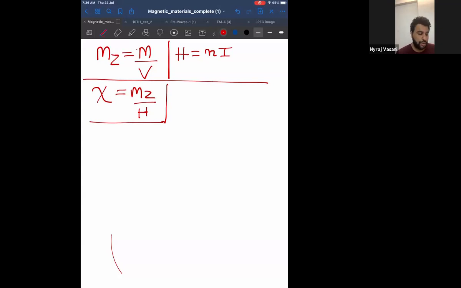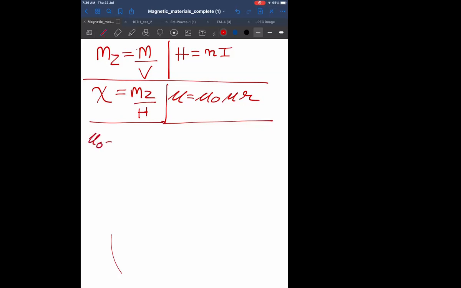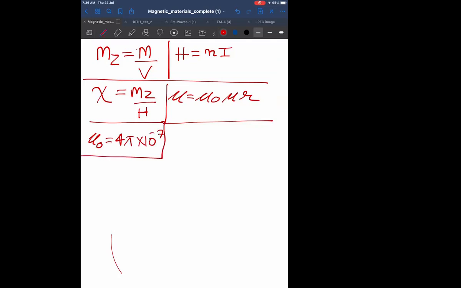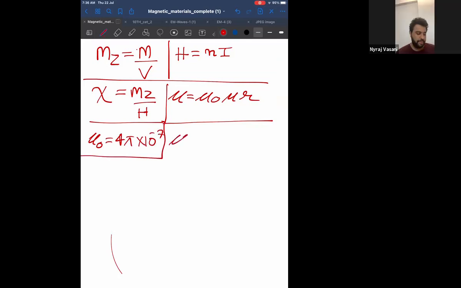Then we did total permeability. Total permeability is mu naught into mu r, correct? And what is mu naught equal to? 4 pi into 10 raised to minus 7. What is mu r equal to? 1 plus susceptibility.